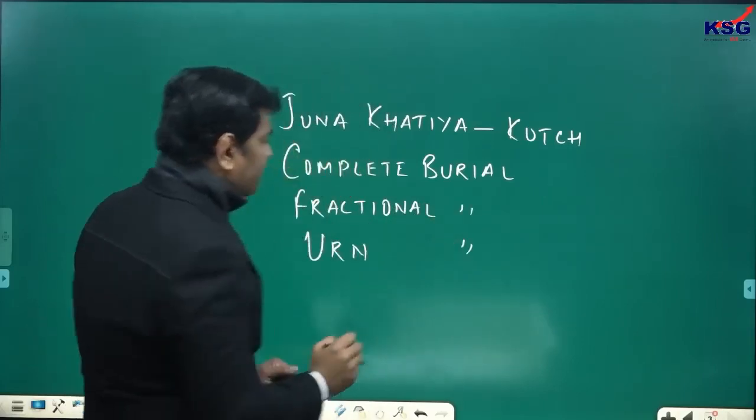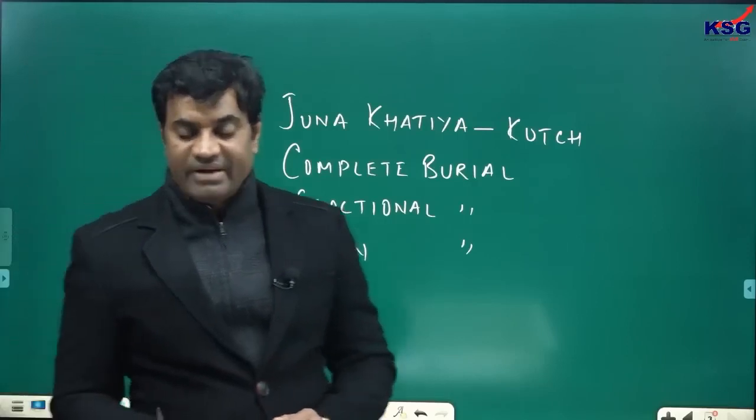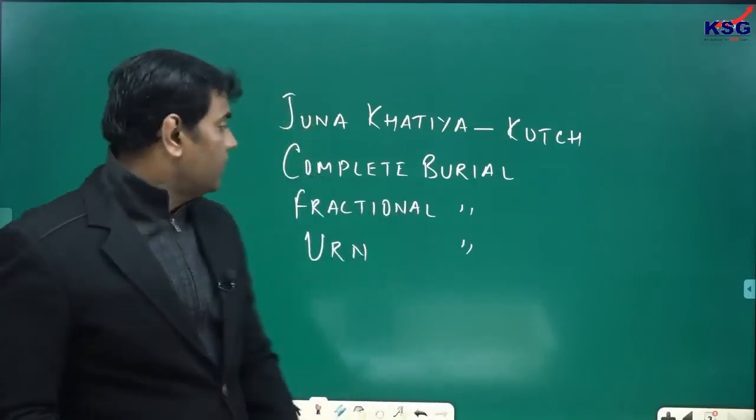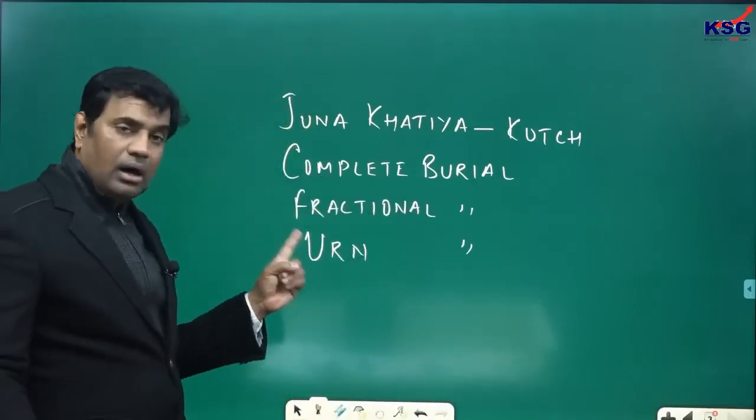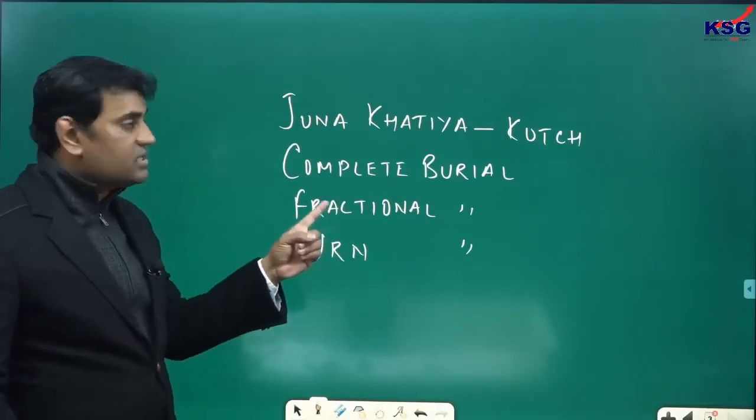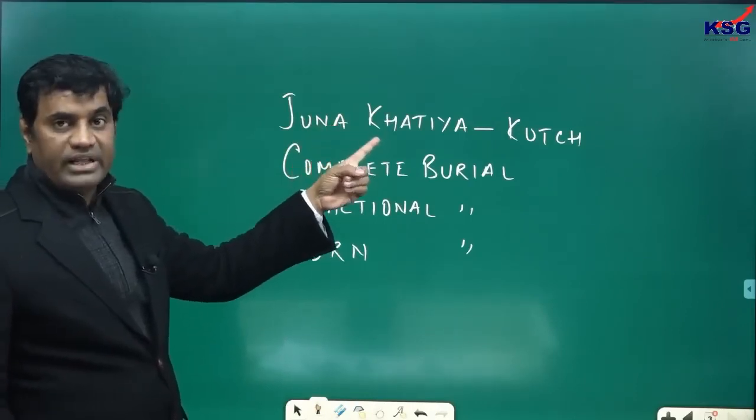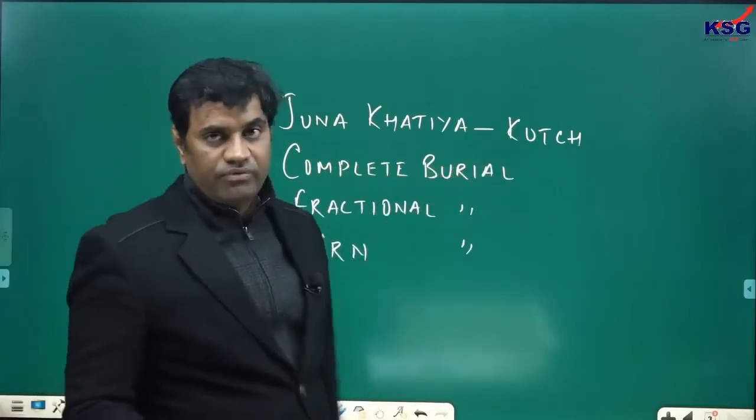So the three types of burial system which were followed in this civilization were complete burial, fractional burial, and urn burial. These burial systems have been found at Juna Khatia village in Kutch district of Gujarat.